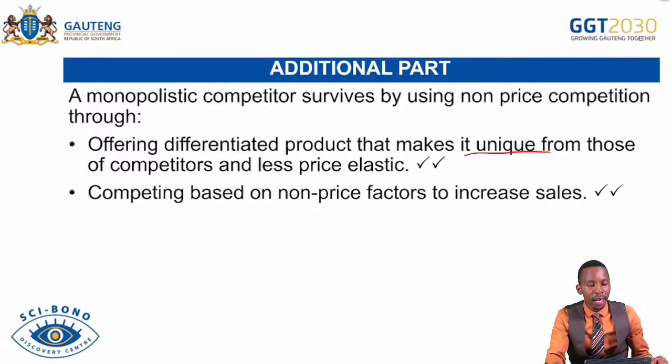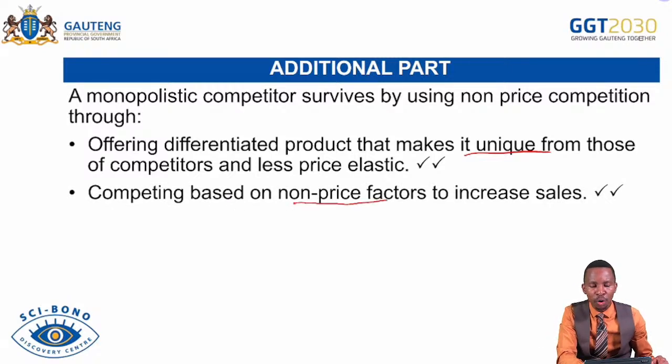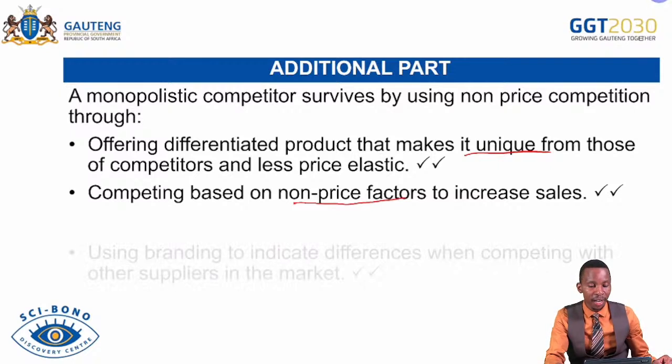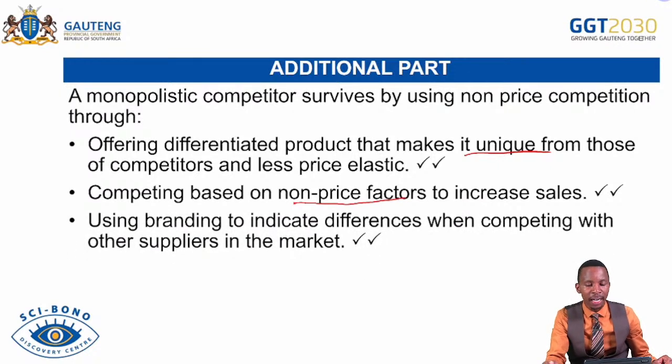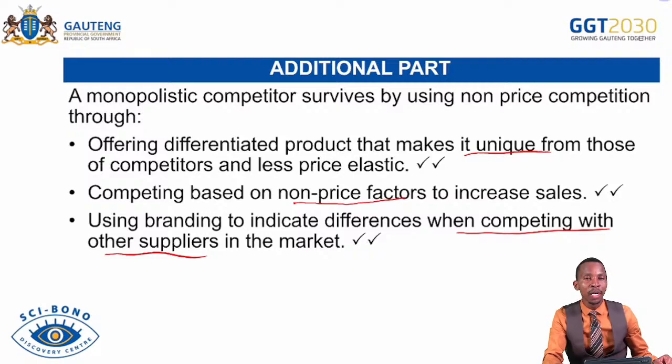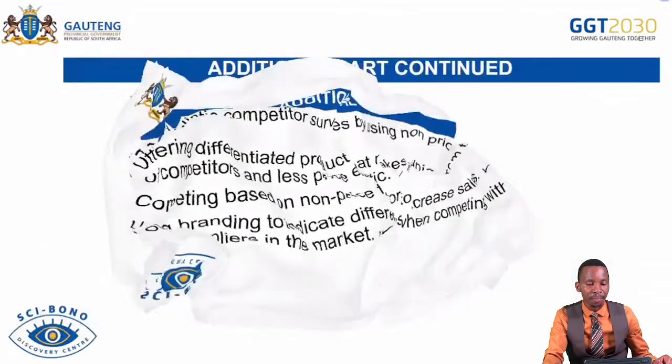And then competing based on non-price factors to increase sales. So to increase sales, firms in there use non-price competition strategies in order to compete. They don't mainly use price. Using branding to indicate differences when competing with other suppliers in the market. So they use branding as one of the tools, which is a non-price competition strategy.